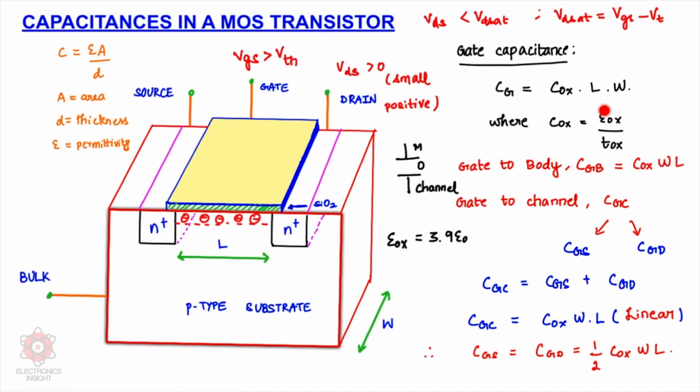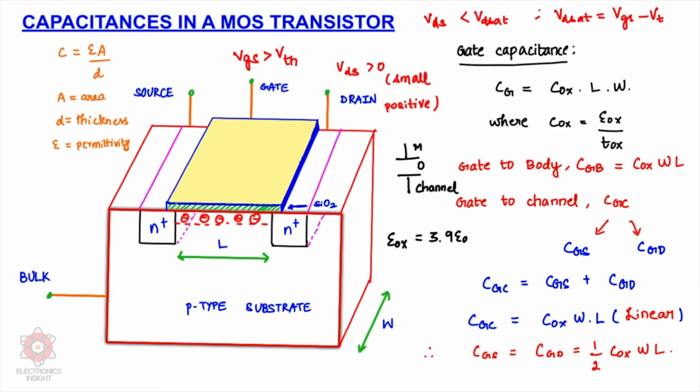Cox is epsilon ox by Tox, where Tox is the thickness of the oxide layer, and here you can see that we have epsilon by D. So epsilon by D is equivalent to epsilon ox by Tox, and we have rewritten this in terms of Cox, and what is left out is the area term.